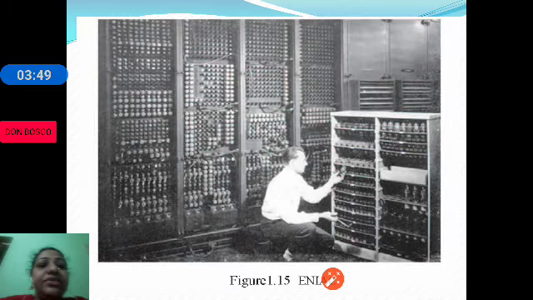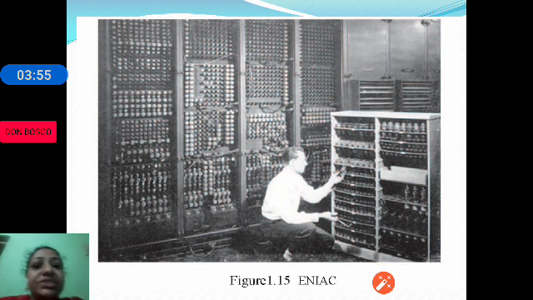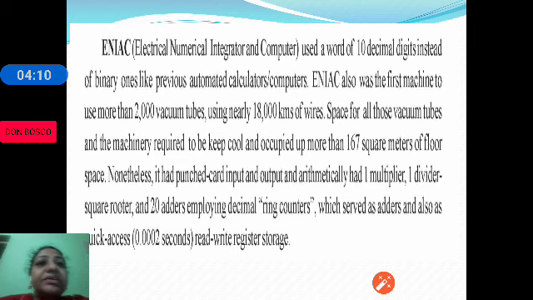On the screen you can see the first computer, that is ENIAC, the electronic computer, which is such a huge machine. It takes a lot of space and it generated an enormous amount of heat. ENIAC is expanded as Electronic Numerical Integrator and Computer. It was an automated computer.